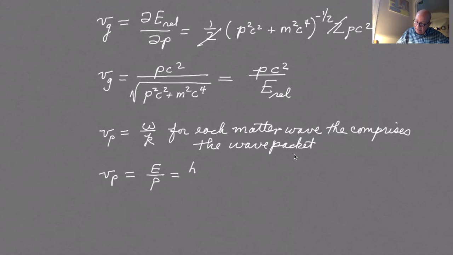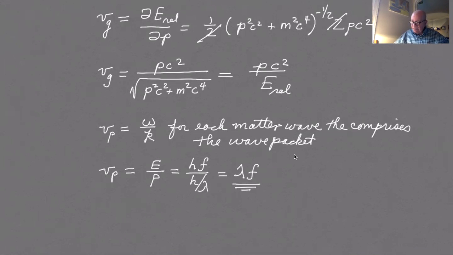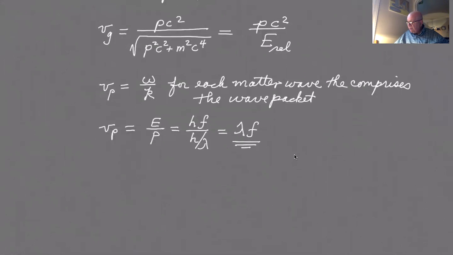That's equal to h times f over h over lambda, which is lambda times f, which we know is perfectly valid for the phase velocity of a particular wave that exists forever, a perfect sinusoid. Let's look at this in terms of the relativistic, so this is going to be E relativistic over the momentum.